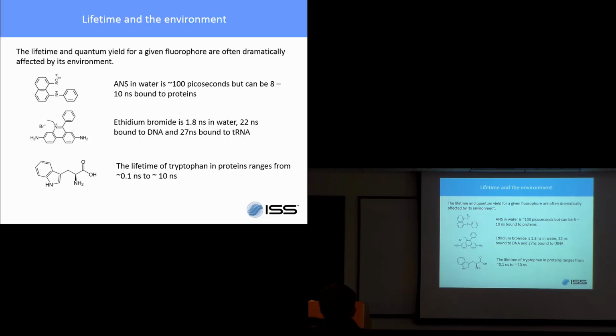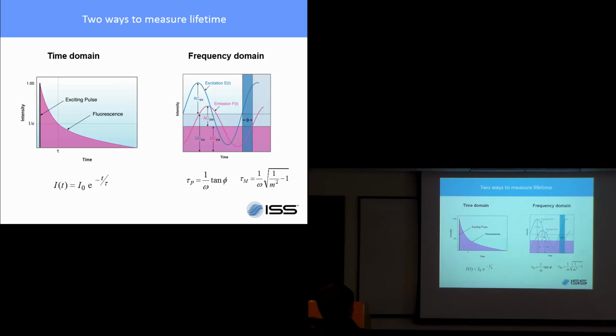Tryptophan, one of the amino acids in proteins, varies from 100 picoseconds all the way to about 10 nanoseconds, depending upon the location in the protein. Is it outside? Is it inside? Is it close to other tryptophans? Is it alone? Again, the lesson is that there is no way to predict the lifetime, from the structure or from theory. The lesson is to measure it.